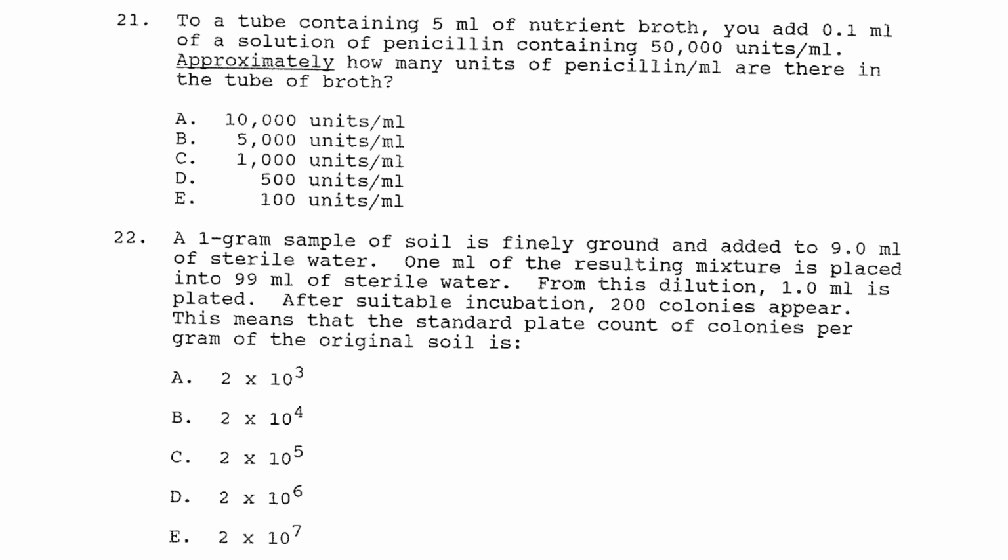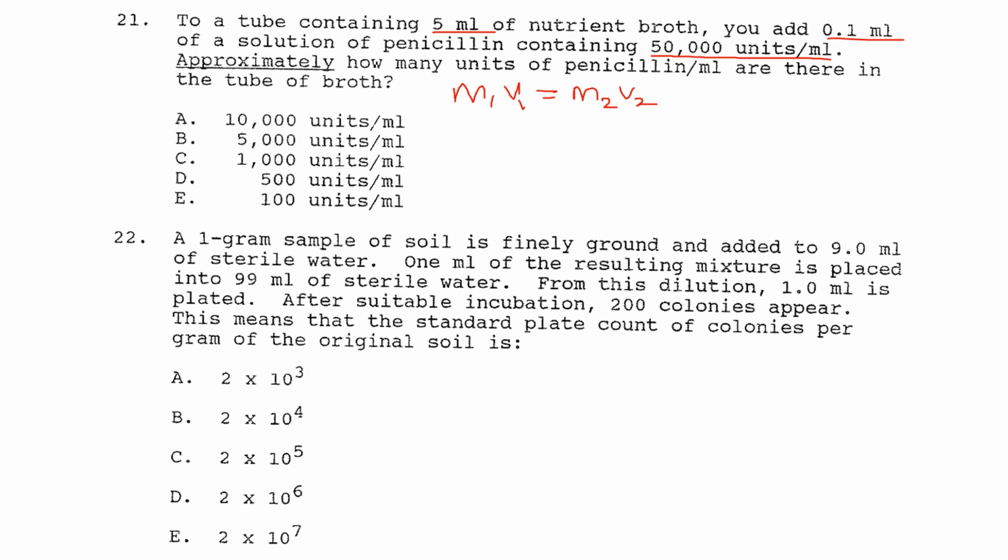So 21: a tube containing 5 mils of broth, you add 0.1 mil of solution that has 50,000 units per mil. We want to know what's the concentration of penicillin in the broth now. Hopefully you remember from your chemistry classes, or even physics, M1V1 equals M2V2.